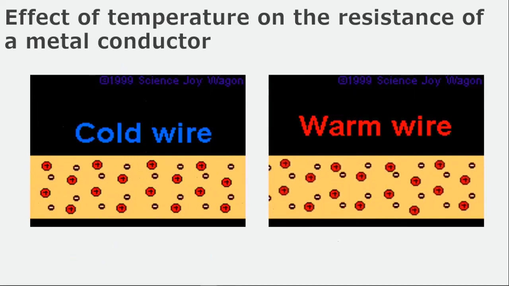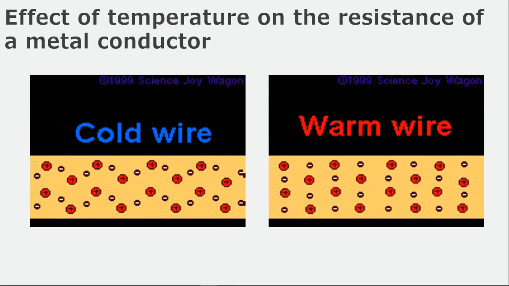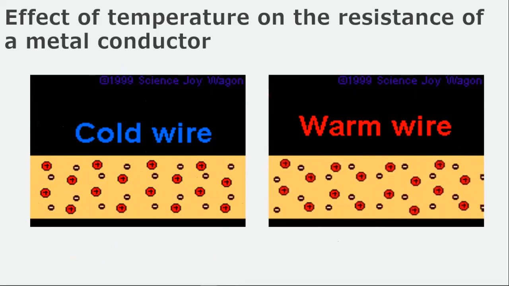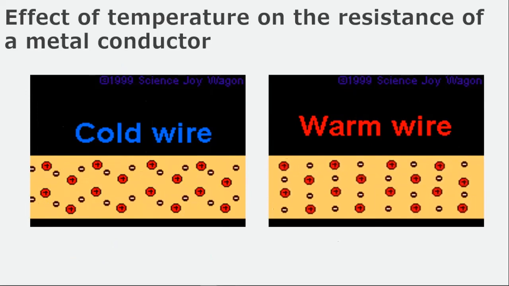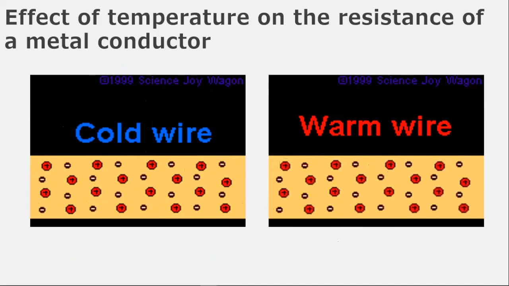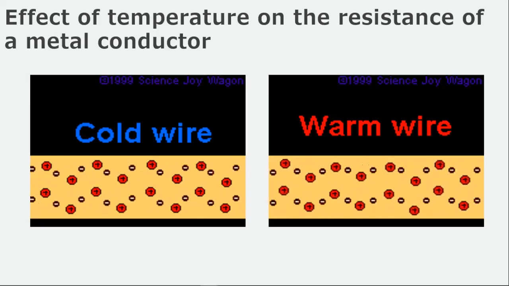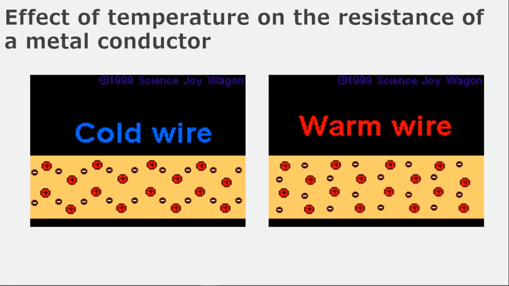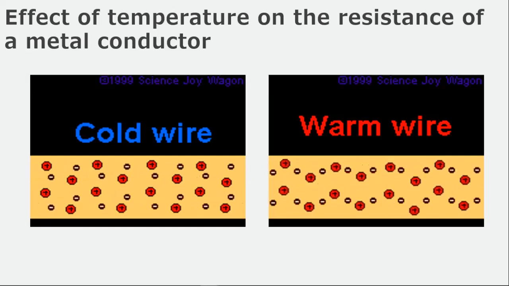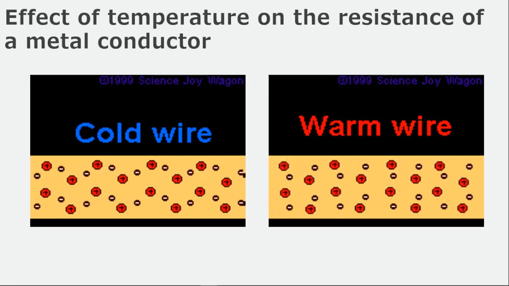For metals and a lot of conductors, when temperature is raised, the lattice ions vibrate more vigorously, increasing the frequency of collisions between electrons and the lattice. The average drift velocity is reduced and the resistance therefore increases. So the hotter it is, the more movement of the lattice ions inside a warm wire.